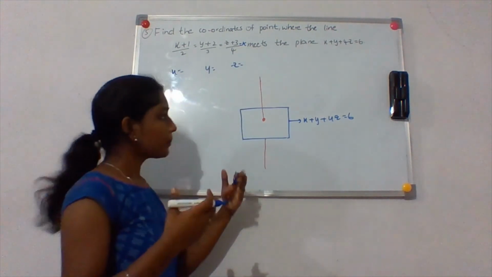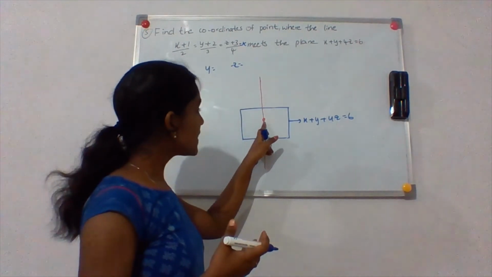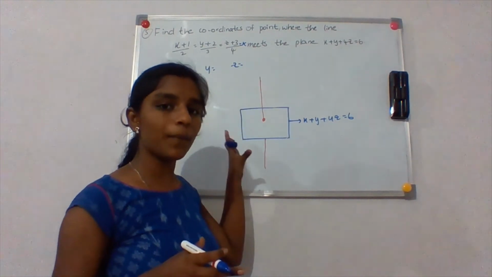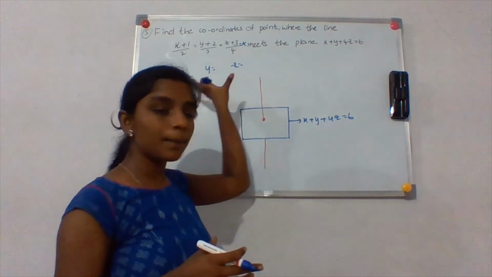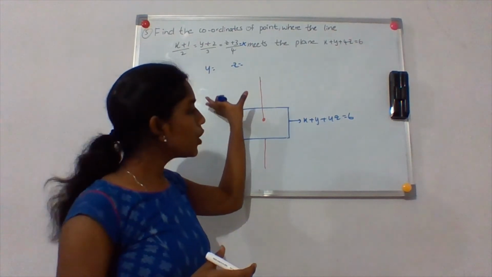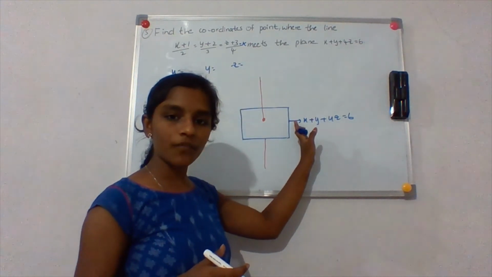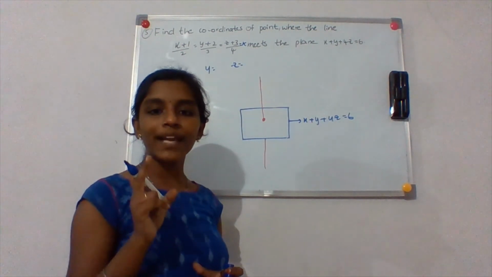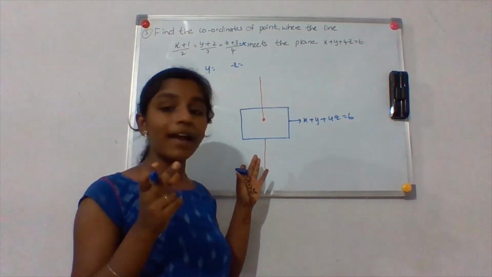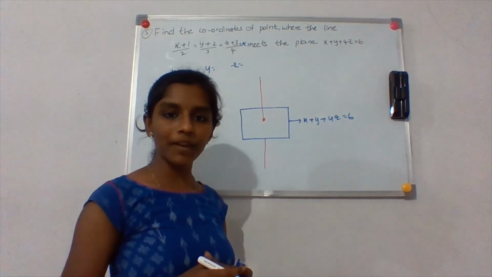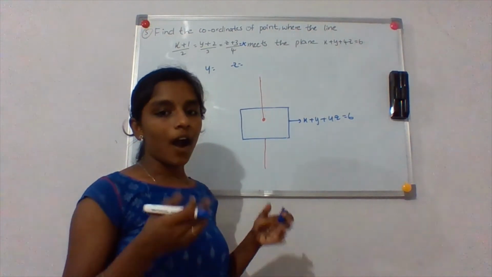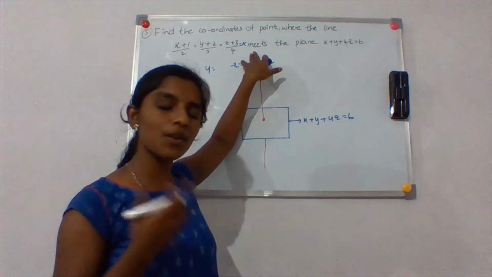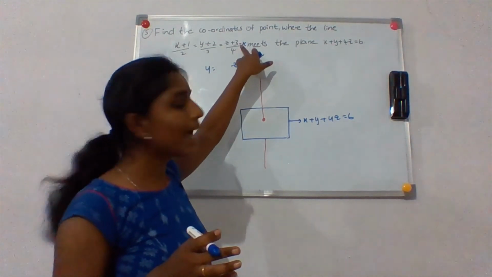So you want the point that is passing through this plane, right? So now let us think that this general point is passing through the plane. So the general point that you have found, you must put in the place of x, y, z over here, because that point is passing through this plane. Then you will get the value of k, the constant we have thought of as k.